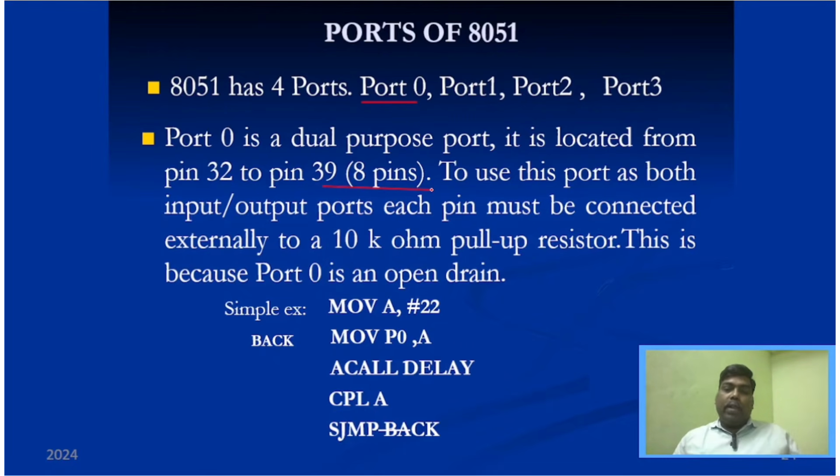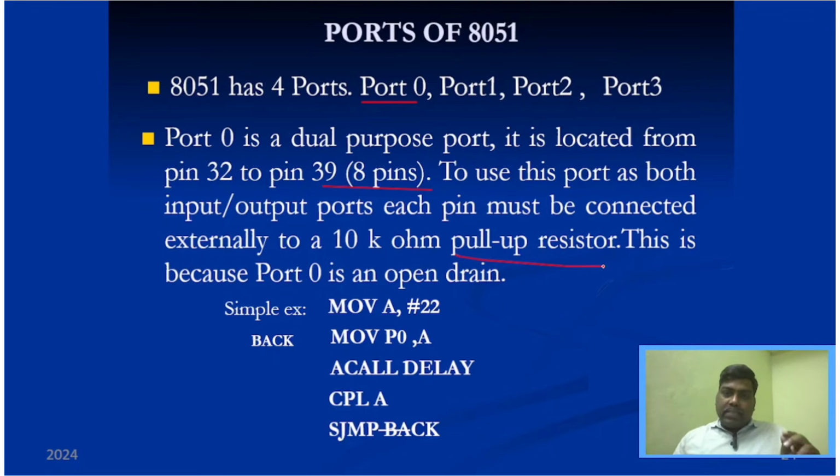More importantly, for port 0, you don't have an inbuilt pull-up resistor. We have to connect a pull-up resistor externally. So what is a pull-up resistor first? Because port 0 is open drain, we definitely need to connect a pull-up resistor. What is the function of a pull-up resistor? We have two resistors, pull-up and pull-down.